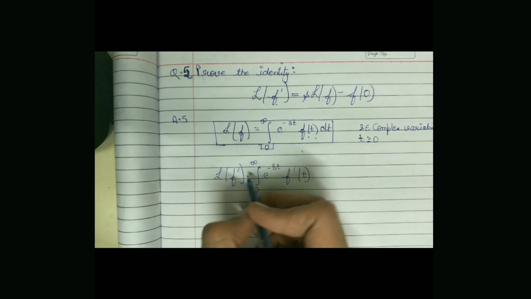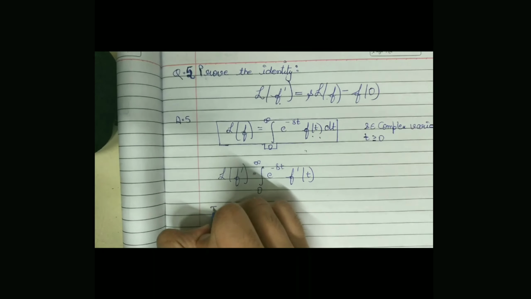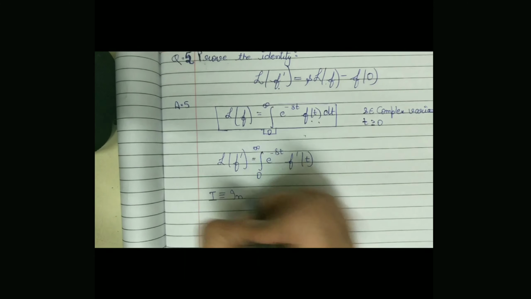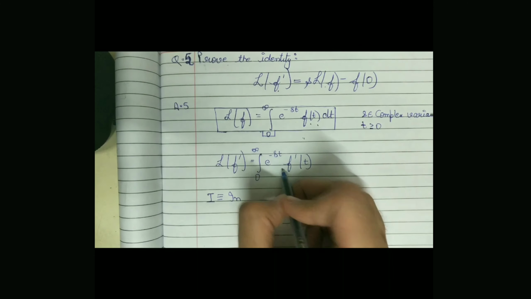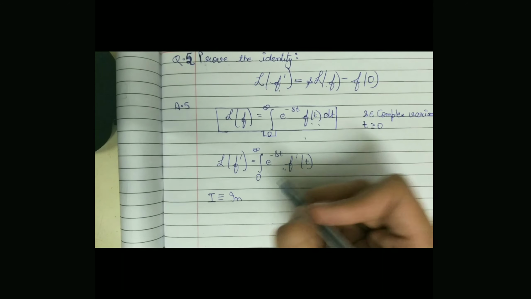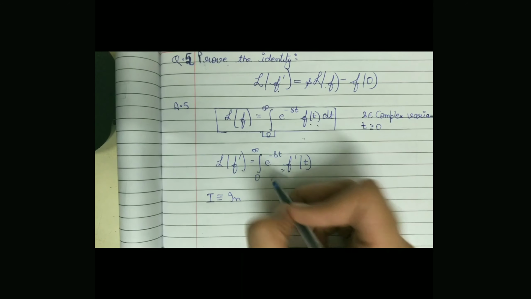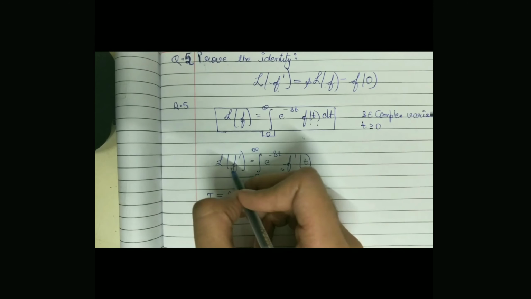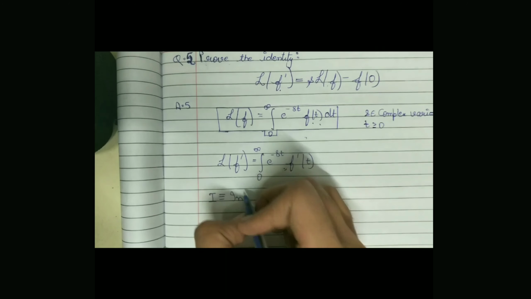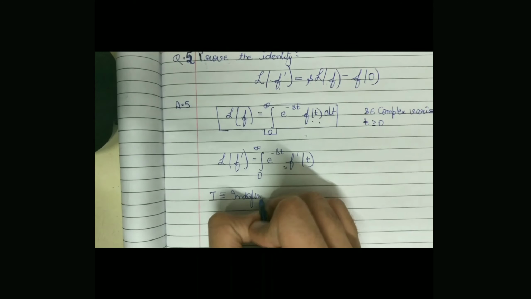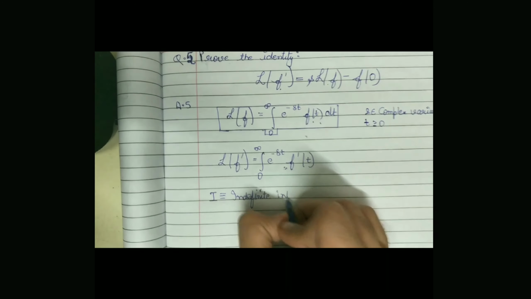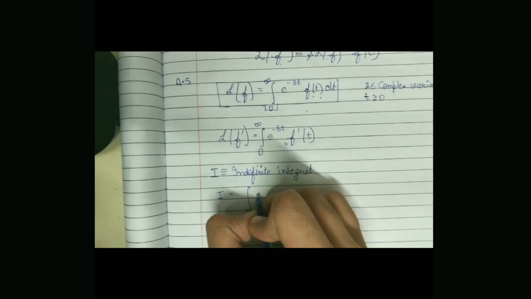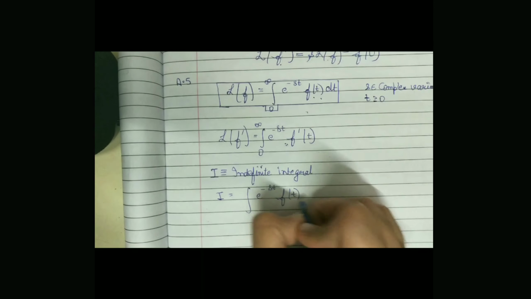So I'm going to first name an indefinite integral I, explore it first, and then apply the limits to get the Laplacian of f derivative. I define I as the integral of e raised to power minus st f derivative t dt.